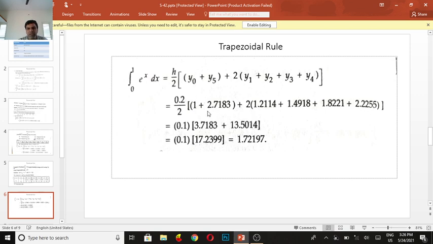Simplifying, we get the integral from 0 to 1 of e power x dx is 1.72192. So this is the value of e power x using the trapezoidal rule.